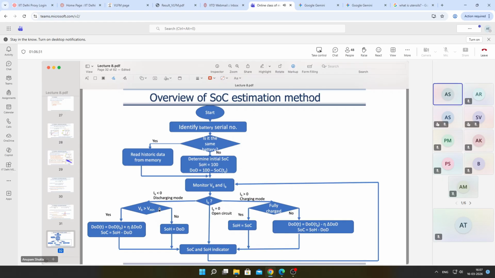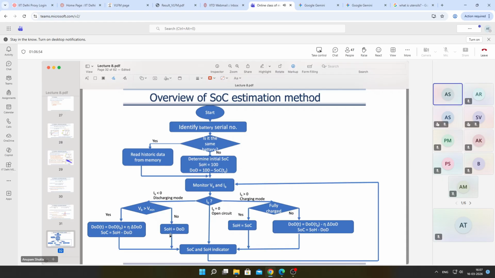Okay. If the voltage of the battery is not greater than the minimum cutoff voltage, then it will cut off the battery from the external circuit because the battery is in a fully discharged state. Okay, and then it will say that the depth of discharge is the SOH of the battery.